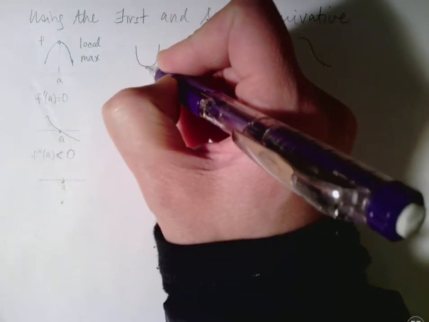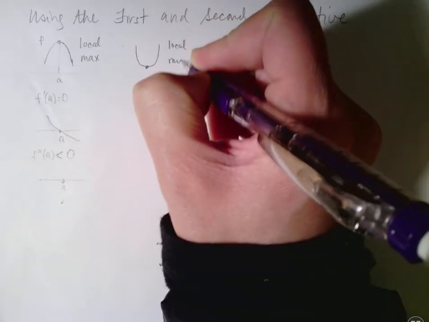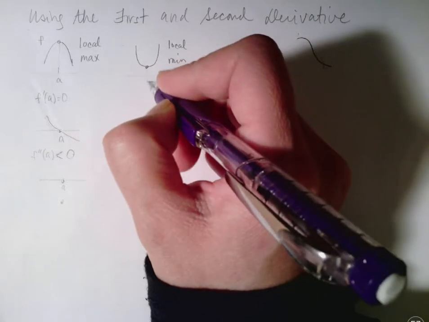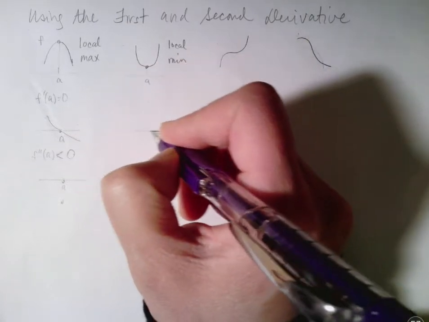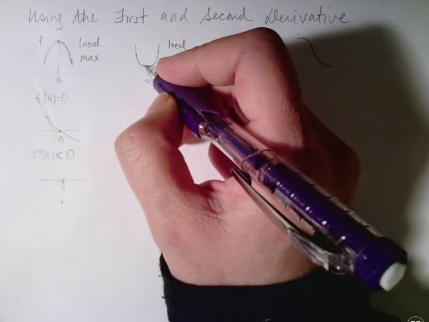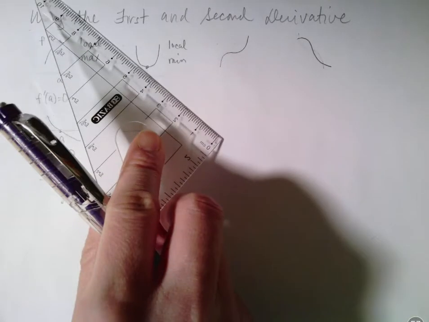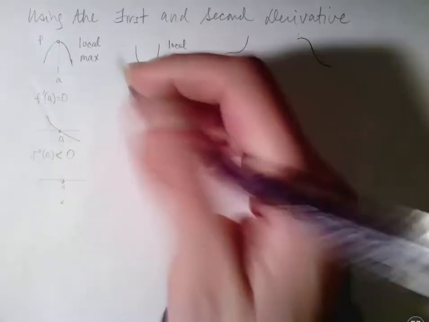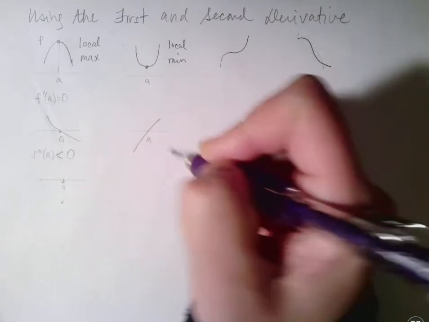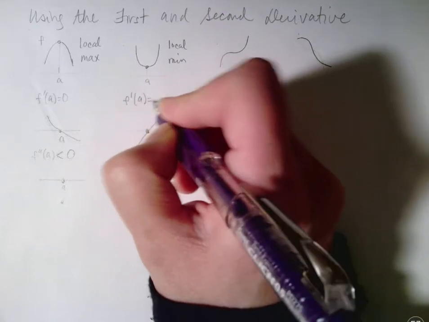Now let's look at what happens at a local minimum. Again, let's call this point A, this x value. Now we have that the slopes are going from negative to positive and 0 at A. So negative to positive, let's say like that, and 0 at A. f prime of A is still equal to 0.